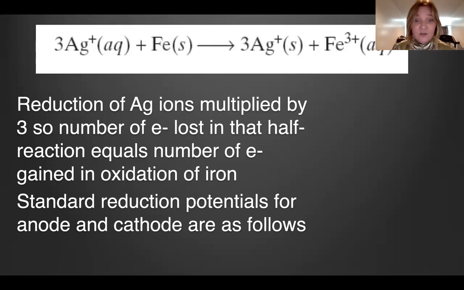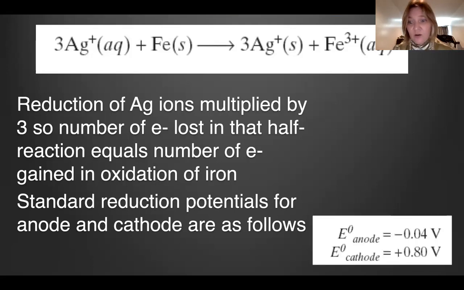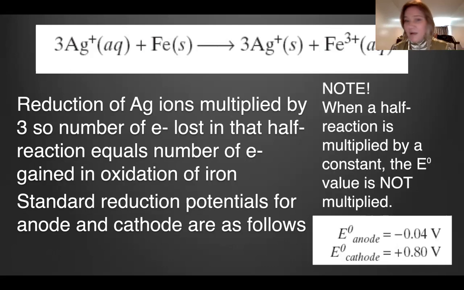The standard reduction potentials for the anode and cathode are the same as we did before. I'm just pointing out that in order to account for having lost 3 electrons from iron, silver has to gain 3 electrons. So you have to multiply the silver half reaction by 3. But when a half reaction is multiplied by a constant, the E0 values are not multiplied. That would be a big difference from what you're used to before.